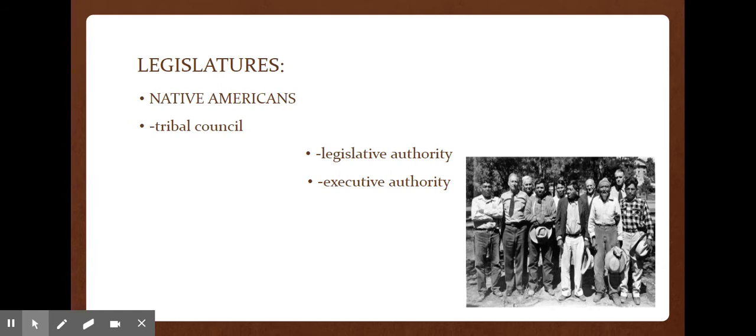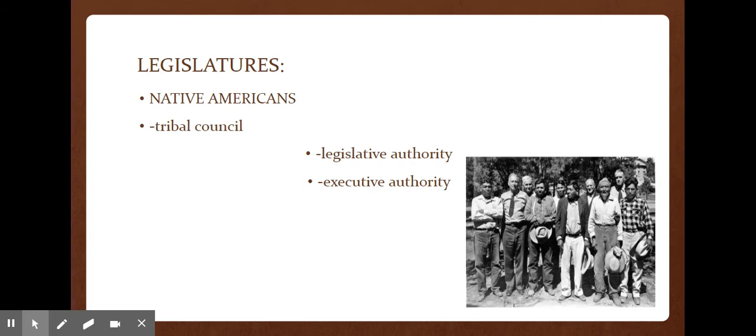Okay, the tribal council has both legislative authority and executive authority, and at one point in time it was given power to deal with issues within tribal boundaries. Now, recently, there has been a push to kind of decrease the power of tribal councils.